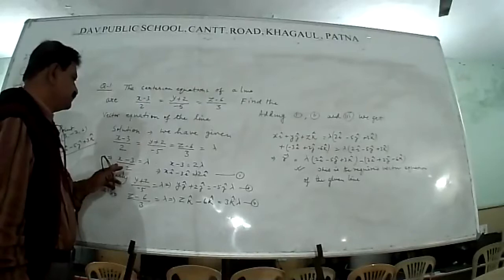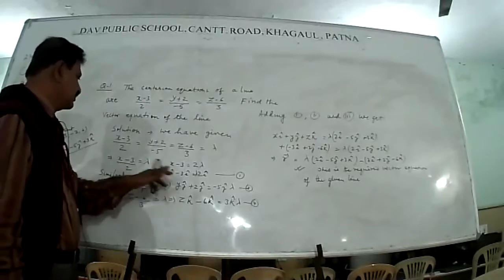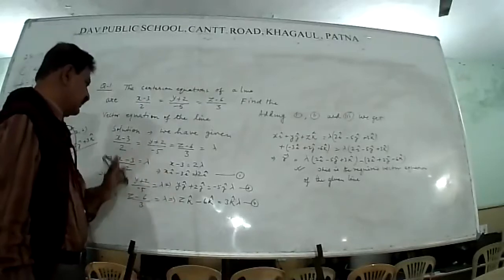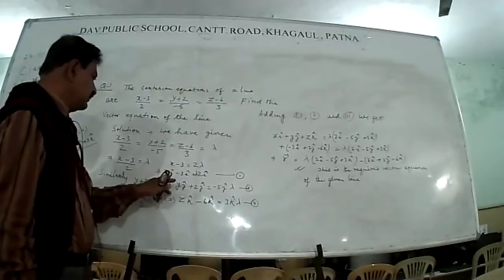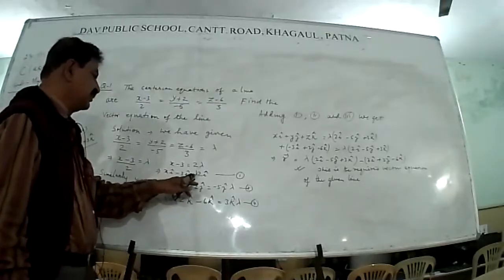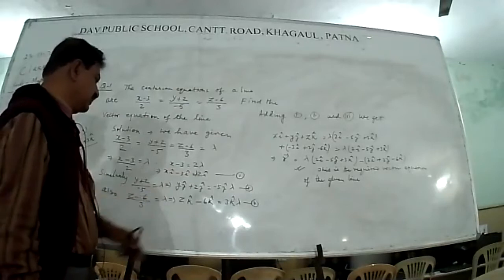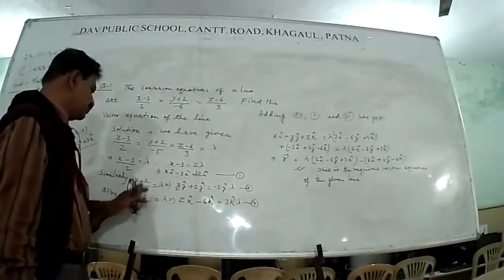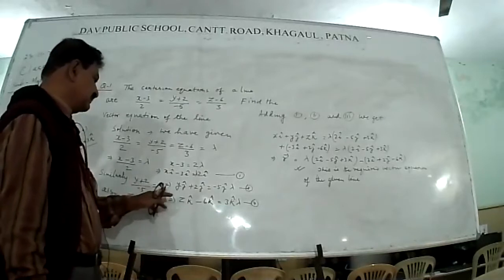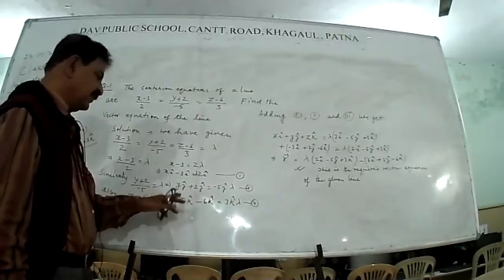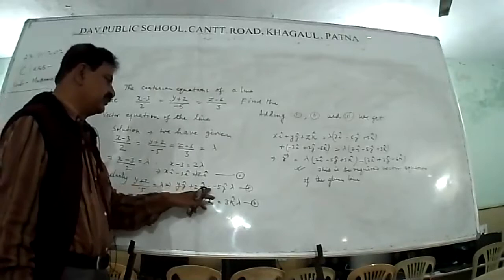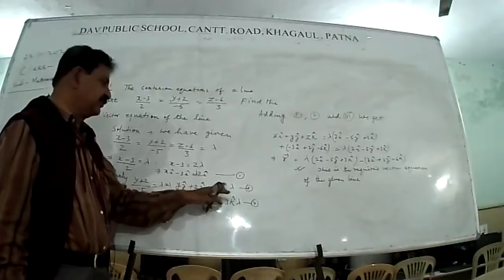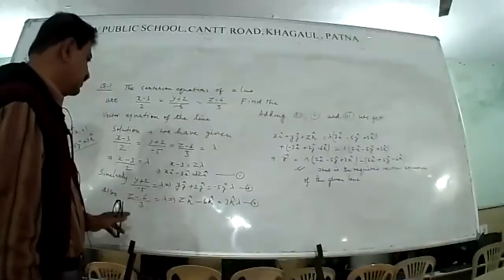We take i unit vector along both sides. So, x i minus 3 i unit vector is equal to lambda 2 i unit vector. Let it be equation first. Similarly, (y plus 2)/(minus 5) is equal to lambda. This implies y j unit vector plus 2 j unit vector is equal to minus 5 j unit vector lambda. Let it be equation second.